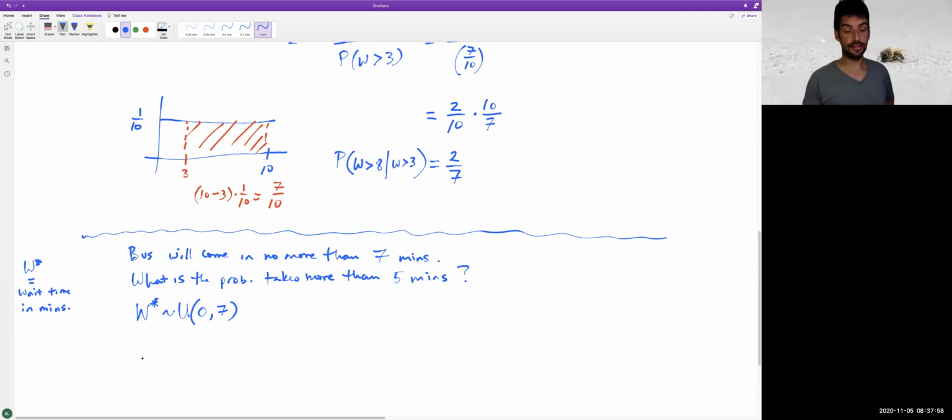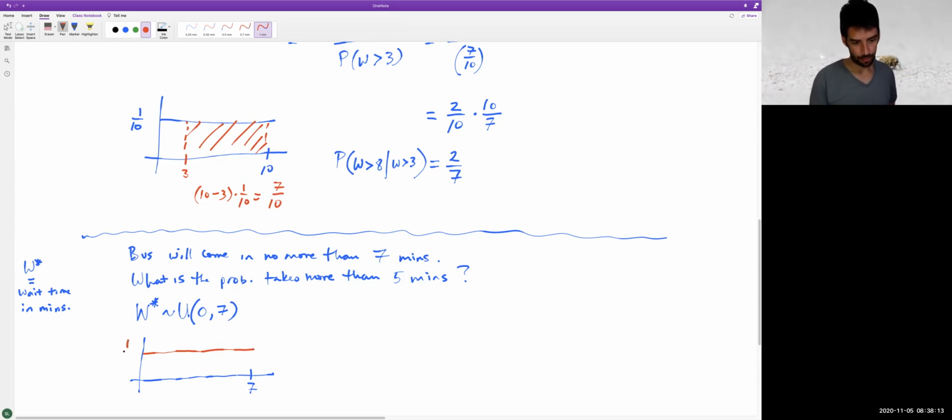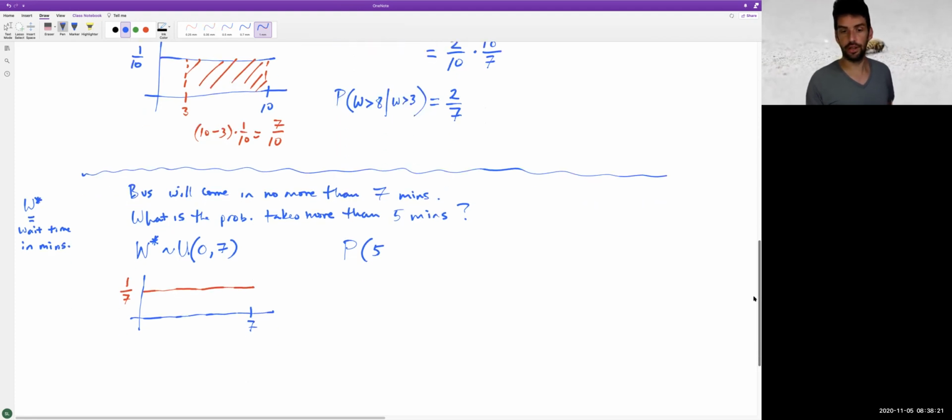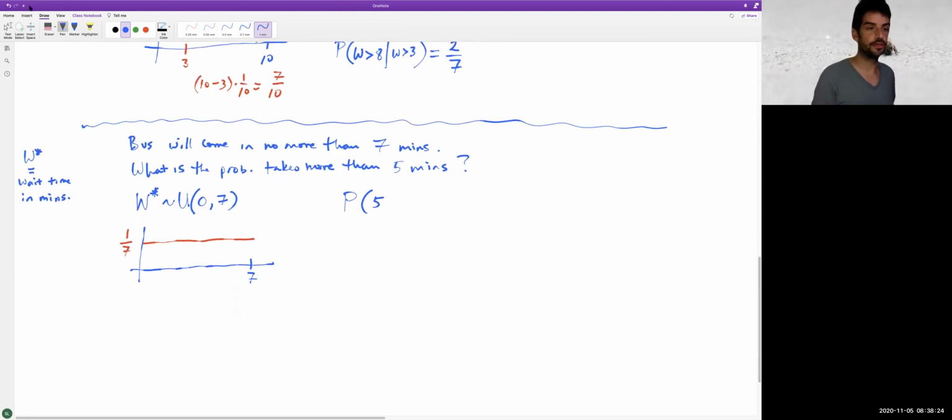Okay, and let's sketch ourselves a graph. It's going to look very familiar. 0 to 7. There's a nice-ish horizontal line. We know its height has to be 1/7. So now this question of what is the probability that we wait more than 5 minutes, is the probability that W star is greater than 5. Okay. The picture, here's 5.